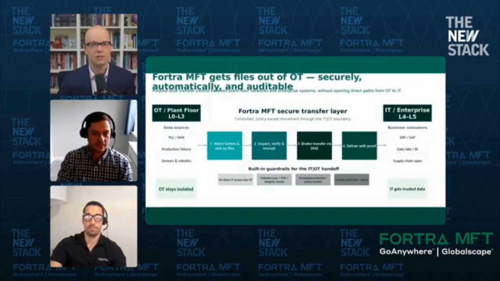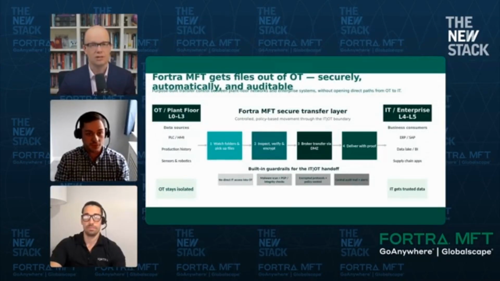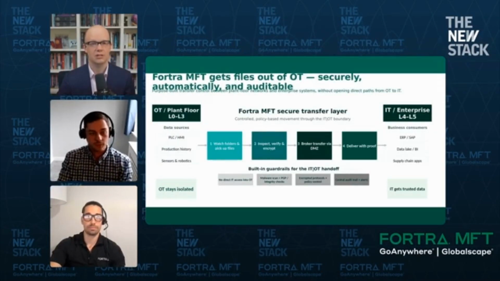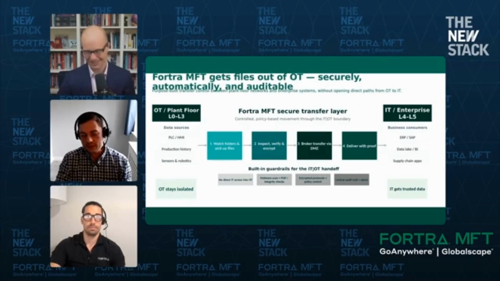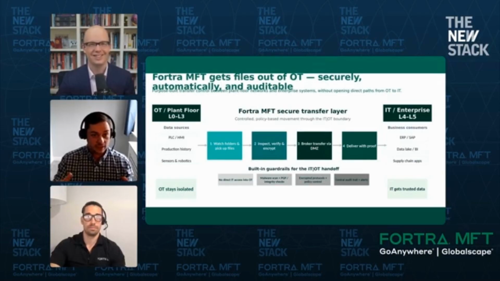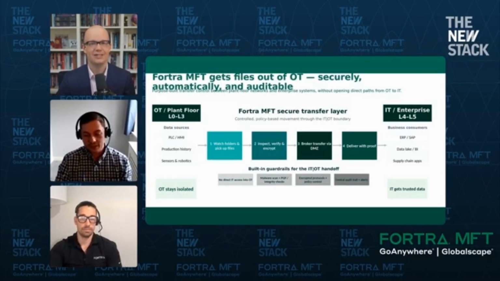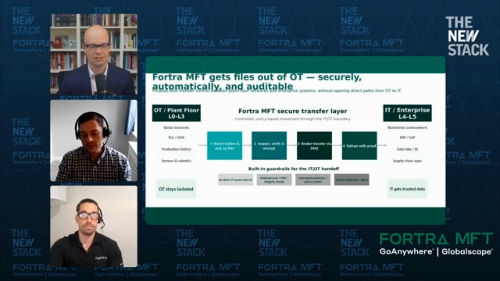So sticking with that Purdue model is actually quite critical, and that's something quite important with the tooling we provide here at Fortra: the tooling is designed to fit into that. We're not going to deploy something and then just open up access across everything. It's going to be very much a staged deployment, following the level structure, and ensuring that you've got these stop points.